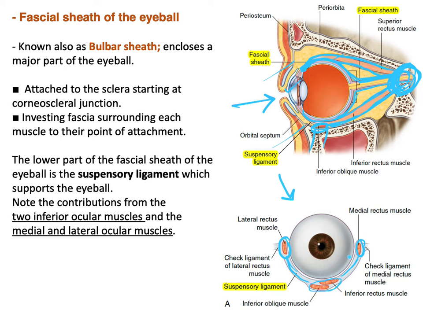But in order to make it really functional, we need this sheath after all of this covering to be fixed to the bones. So it gives an extension medially and laterally, attached to the bones of the orbit, right?